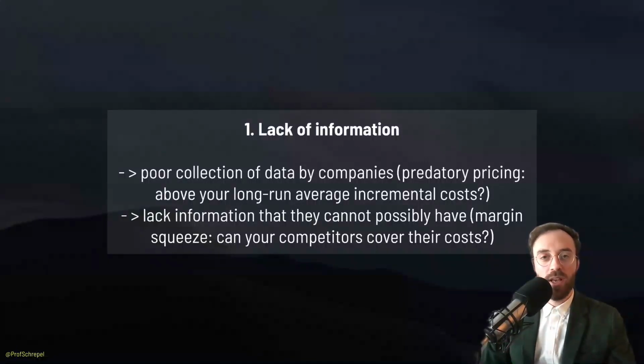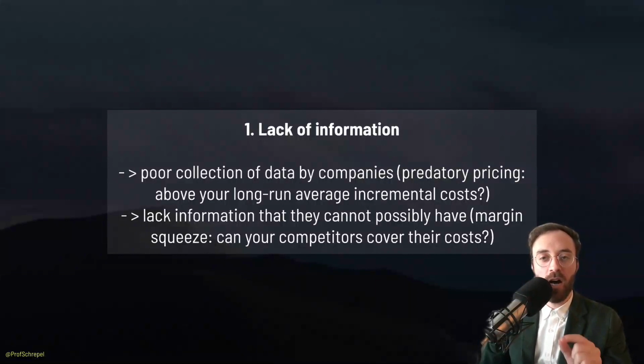For instance, the assessment of predatory pricing in EU competition law requires companies to assess whether the final price of their product or service is above long-run average incremental costs. Should the company be unable to assess these criteria, it can only blame itself and there is nothing we should do. But the second situation is more interesting.